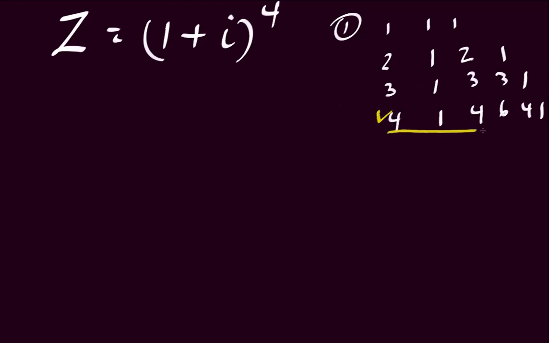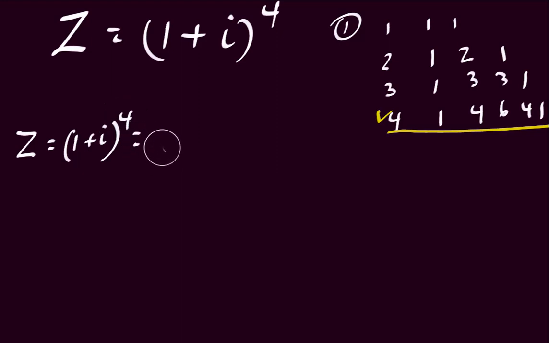We are going to use those coefficients to calculate our expansion here, and we go back to our z. We can say z is equal to 1 plus i to the power 4.